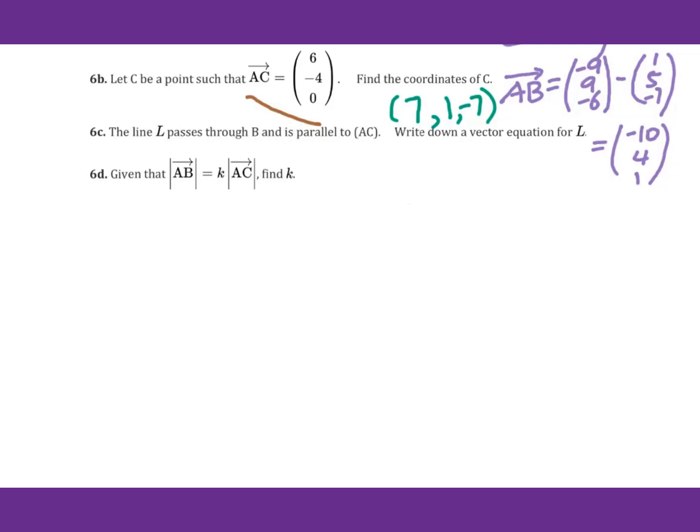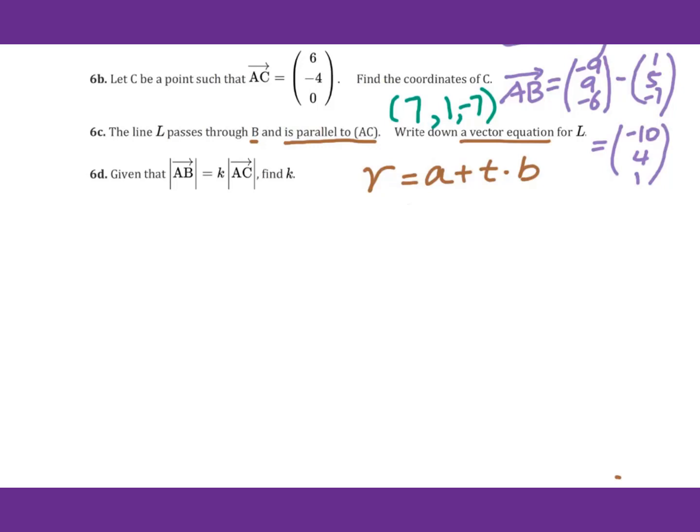Let's go to 6C. The line L passes through B and is parallel to AC. Write down a vector equation for L. Vector equation means we have to do r equals a plus t times b.